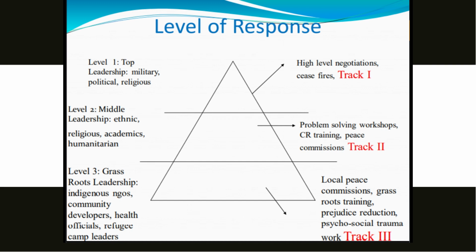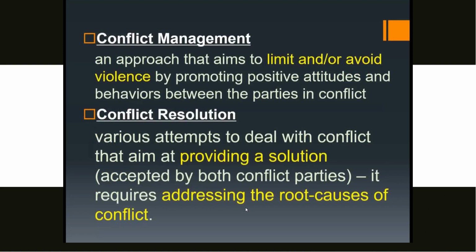So peace building, particularly track 3, is considered the most important area because a wide number of people are in the local community. Many scholars use those terms interchangeably, but precisely speaking, these are different terms.